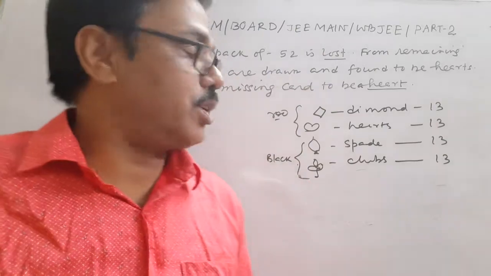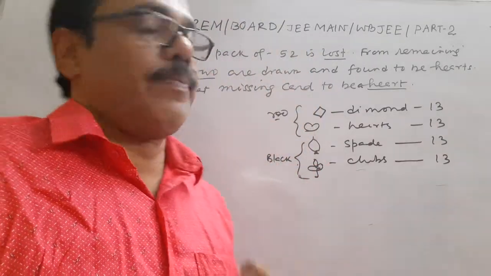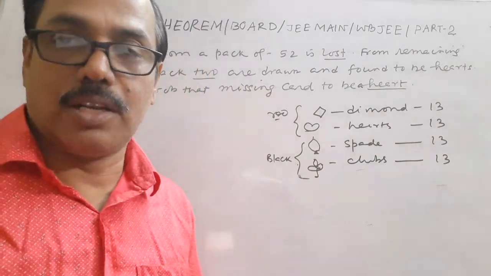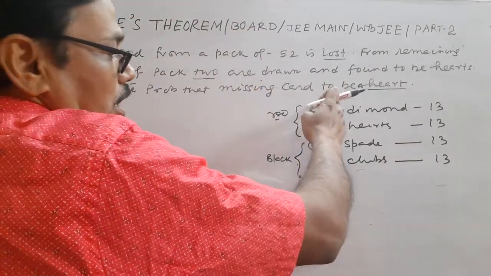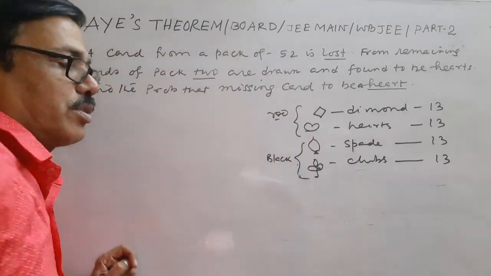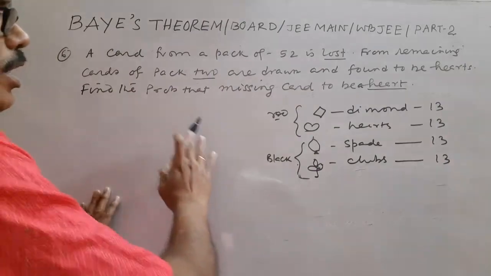So you can consider the problem in 2 ways. Number 1 is heart card and non-heart card. And number 2, defining 4 events: heart card, diamond card, spade card, and clubs card. So we define E1 and E2.